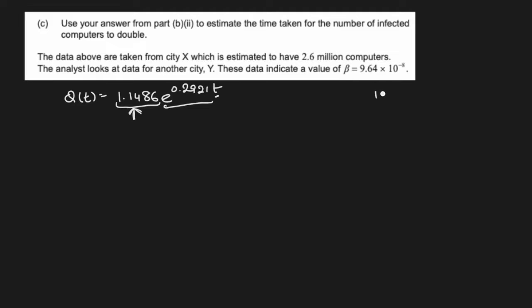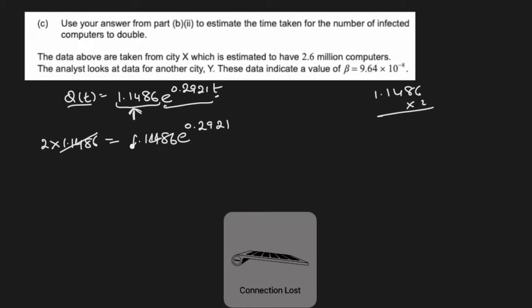So 1.1486, if I multiply this by 2, let me write it here. The final value will be 2 times 1.1486 equal to 1.1486, this is the regression, e to the power 0.2921 t. So both sides have 1.1486, we can cancel it out.